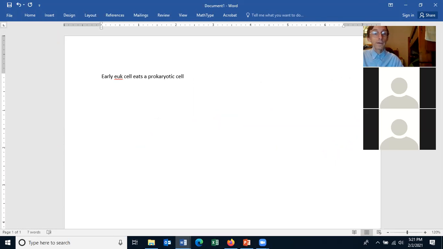So the early eukaryotic cell eats a prokaryotic cell. And for whatever reason, it did not immediately digest that cell, so it stored it inside its cytoplasm.